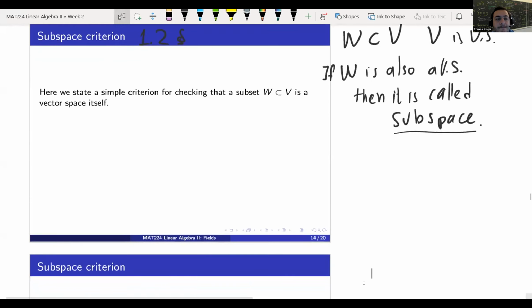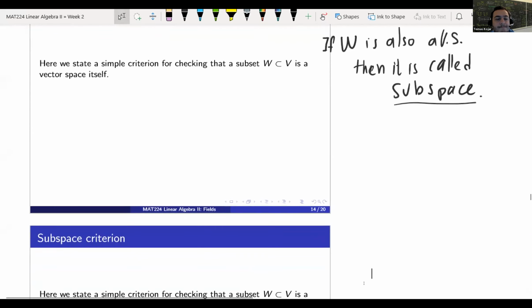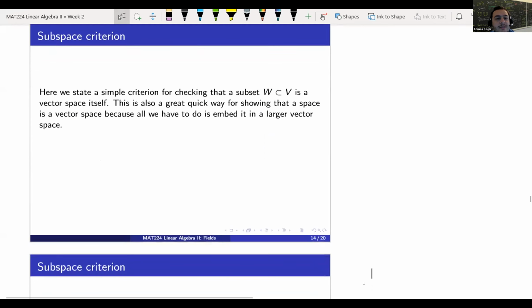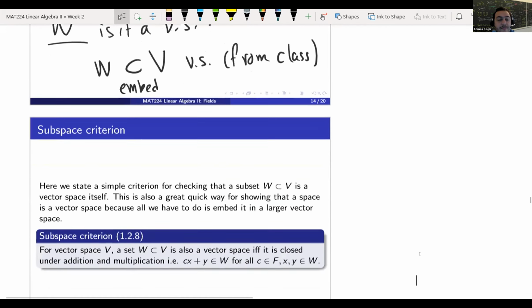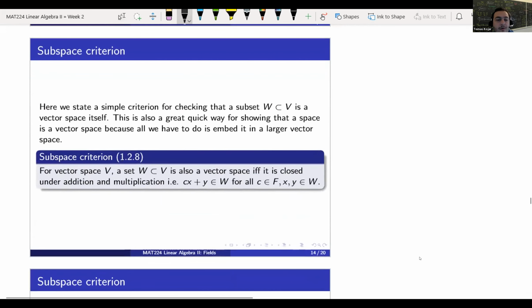So now let's write down a criterion that is much easier to check. Like we said last time, this is a very quick way to show that some space is a vector space. We give you some space and you ask, is it a vector space? One way to do it is you embed it in some other space which is clearly a vector space. Then you can use the following criterion, namely closure.